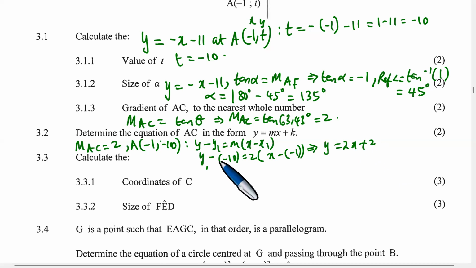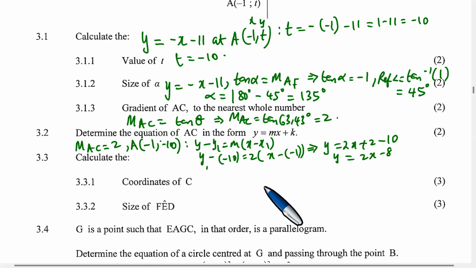Okay, this is negative by negative, which is a +10. You move it across, it becomes -10. And therefore, what is the equation? The equation is actually 2x minus 8. And that is the equation of the line AC in the form y equals mx plus k.